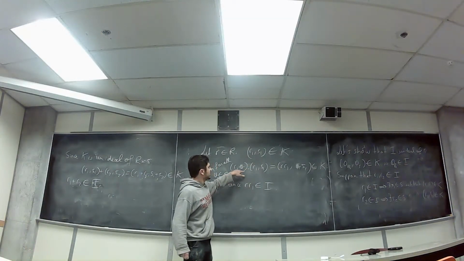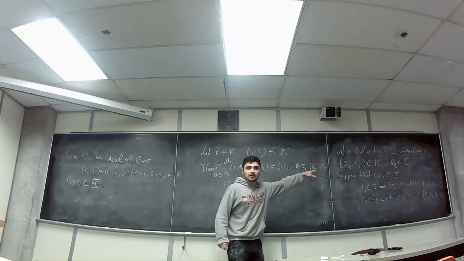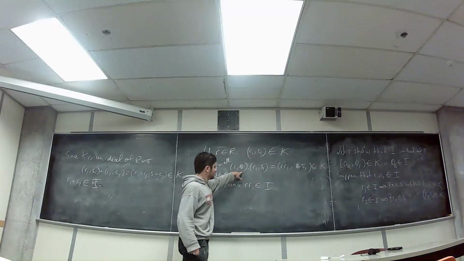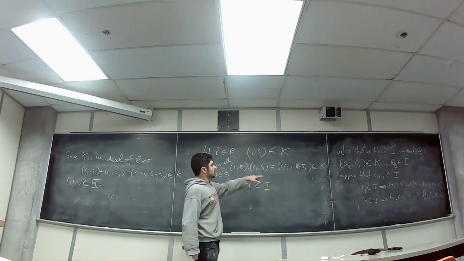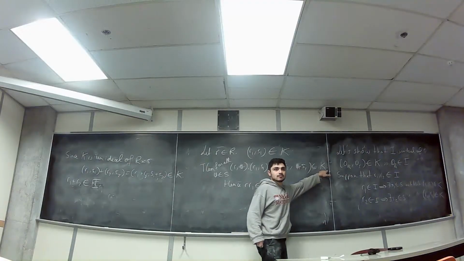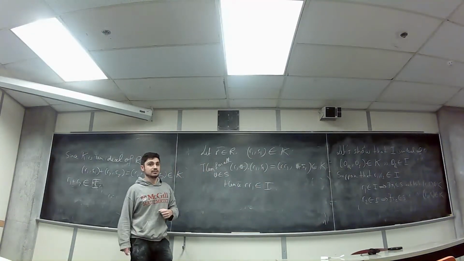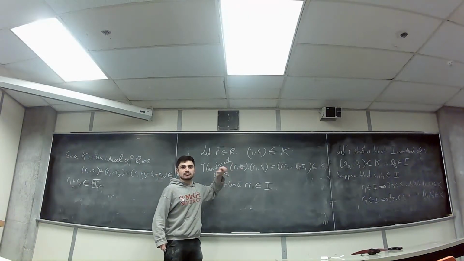So if you multiply it by anything in R cross S, you still land in K. Put any value of V you want, V equals 0, V equals 1, anything. You still land in K. So it's because it's in K that you know that VS1 is in S, and K is an ideal. Right, clear?